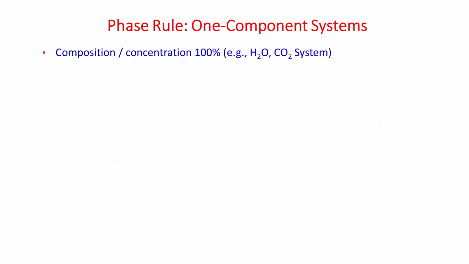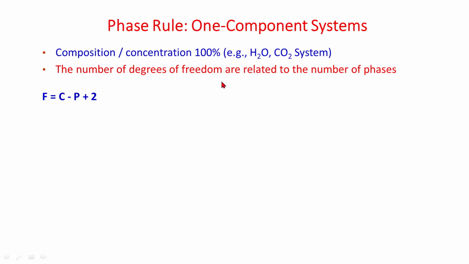One component system, composition concentration is 100%. For example, case of a water system or carbon dioxide system where composition is 100%. When we apply phase rule equation to one component system, the number of degrees of freedom are related to the number of phases. Minimum number of phases to study the system is 1.